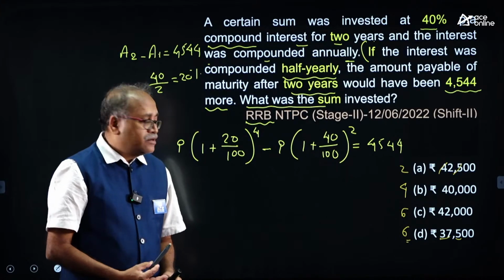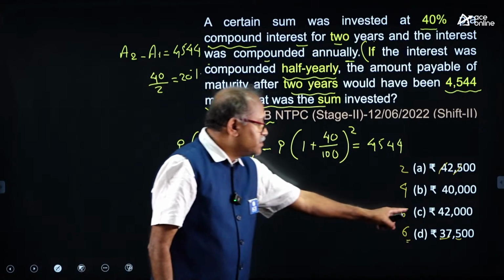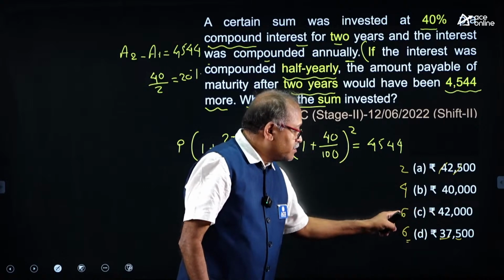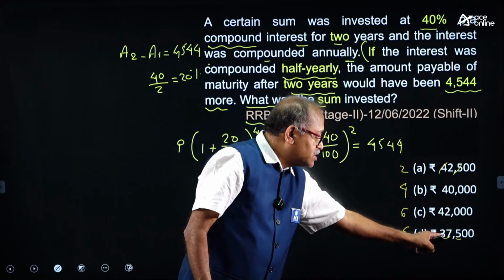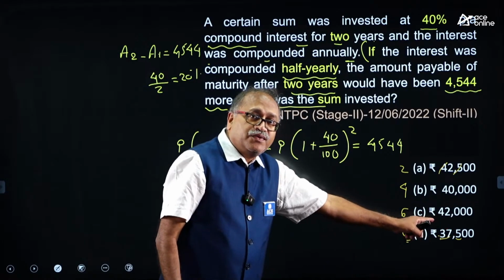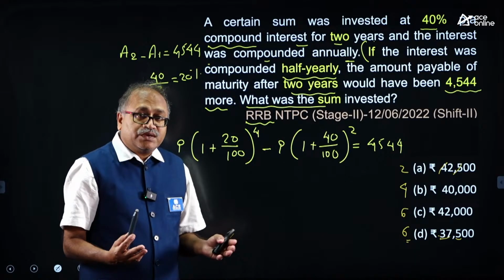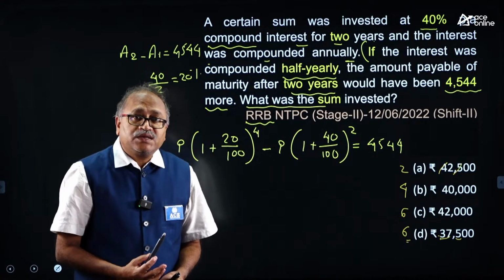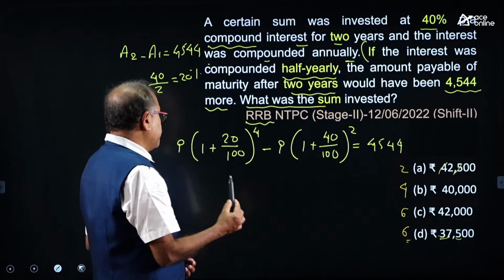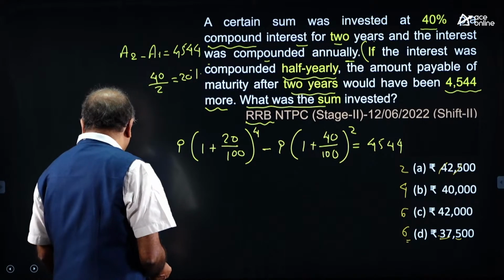Did you notice that? In both the cases we have the unit digit 6. Here also that is 10 plus 5, 15, 1 plus 5, 6. So, how do I decide? Based on the unit digit. Anyhow, I am trying this one.